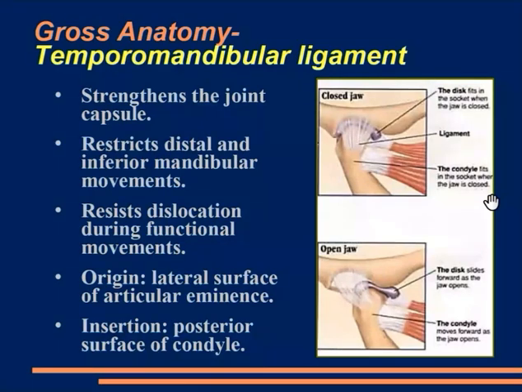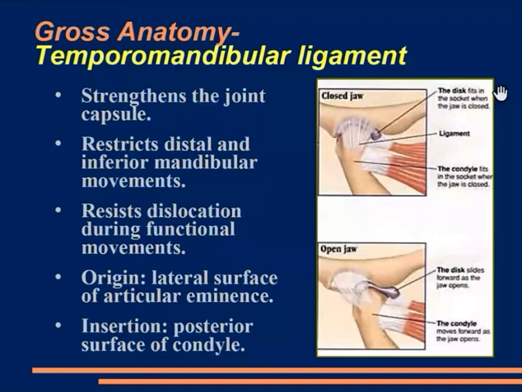The temporomandibular ligament, or what's called the lateral ligament because it is located lateral to the capsule of the jaw, is the part that strengthens or supports the capsule, okay?